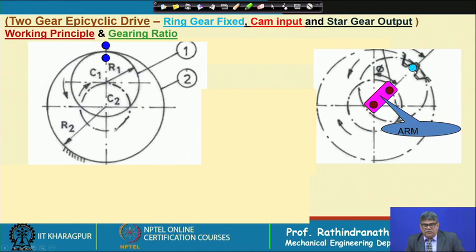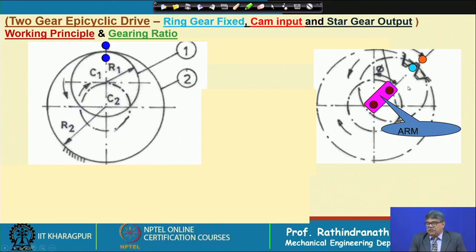Now, definitely the point on the pinion has arrived here, and the point on the ring gear is also on the same line. Now, we keep this arm fixed, and this was locked because we have rotated everything.